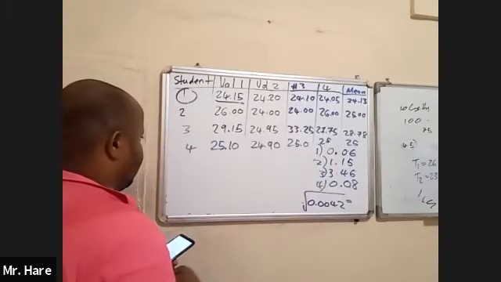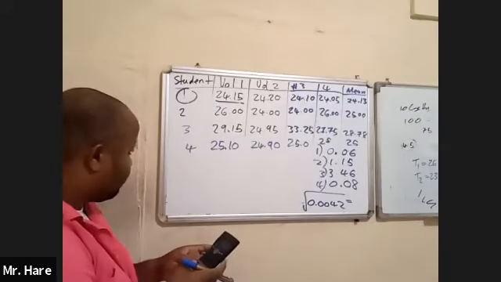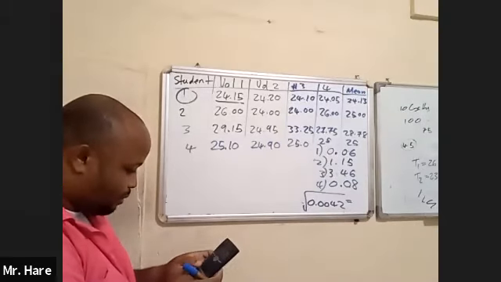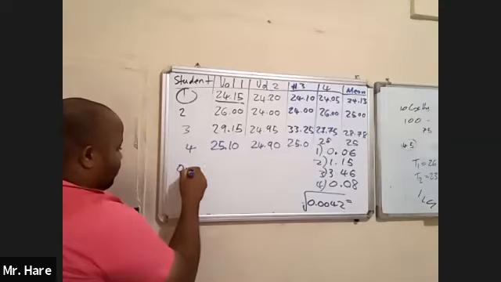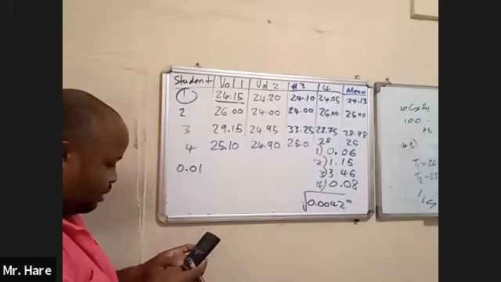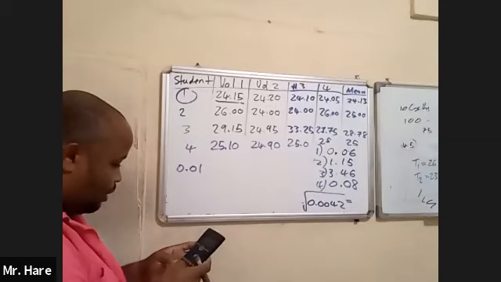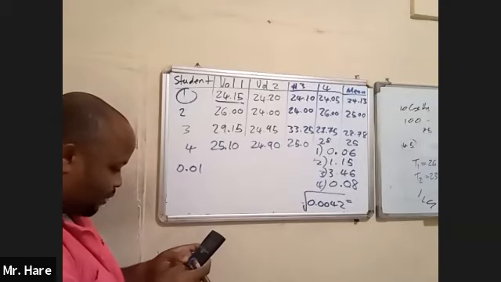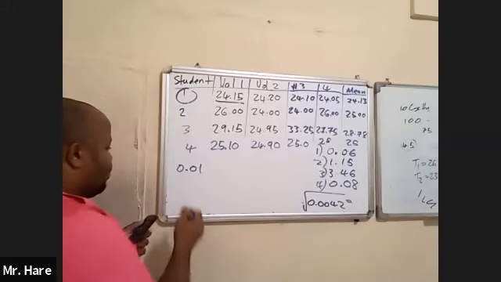All right, so 25.1, take away 25, square it, you get 0.01. 24.9 take away 25, then square that, you get 0.01.